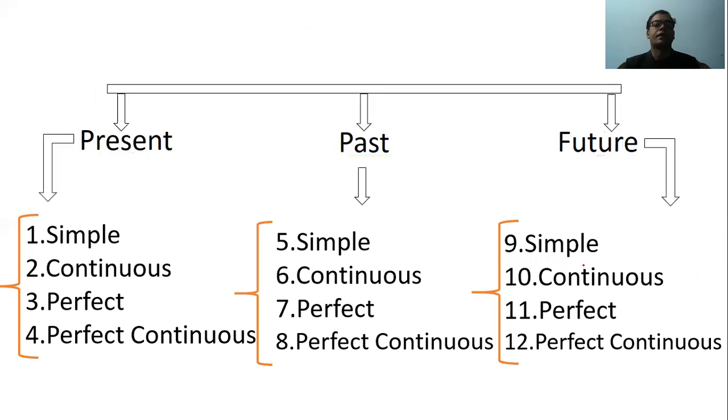Every tense has 4 parts. For present tense: present simple, present continuous, present perfect, present perfect continuous.